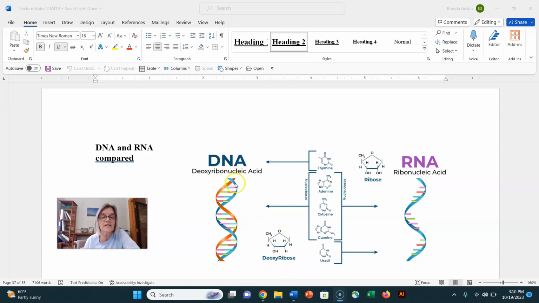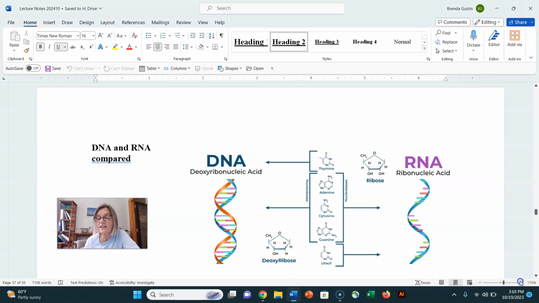So we said the sides of the ladder of the DNA molecule has deoxyribose, sugar phosphate. RNA has ribose, sugar phosphate. So ribose is a sugar. Ribose and deoxyribose are really similar, except you can tell by the name that deoxyribose is missing an oxygen.